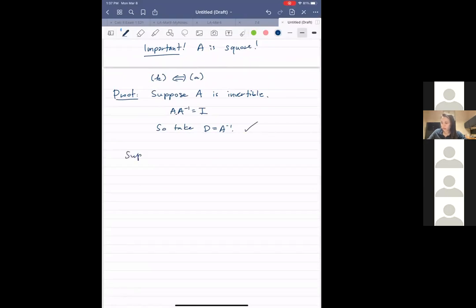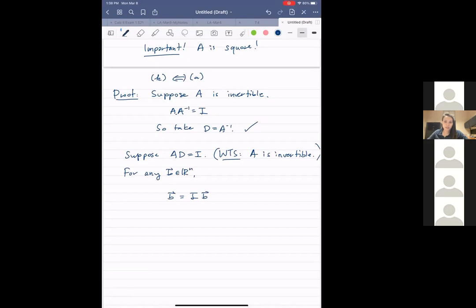Now we suppose that A times D equals I, and now our goal is to show that A is invertible, right? Okay. So for any B, if we take B times the identity, that's just going to be B, right?